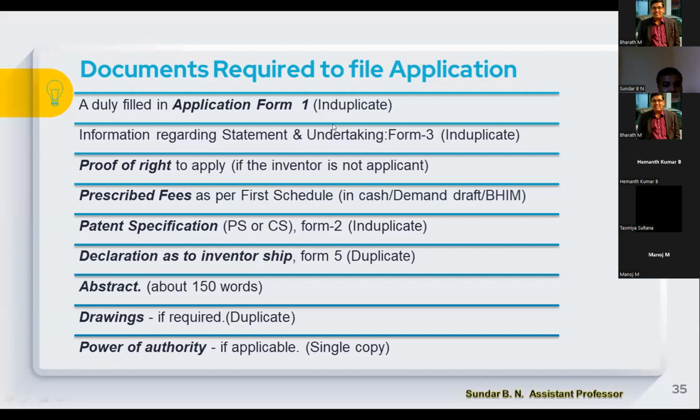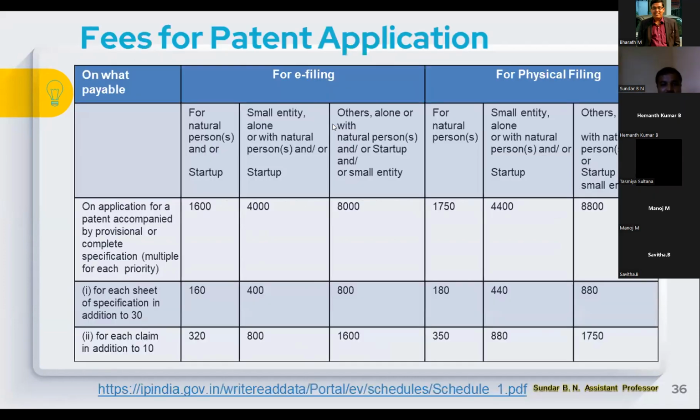And the abstract, you have to give within 150 words, whatever you want to say regarding your product or invention, within 150 words only. And drawings, if required only. Drawings means maybe designs you may have done. If you have given power of attorney, you have to file a separate form.